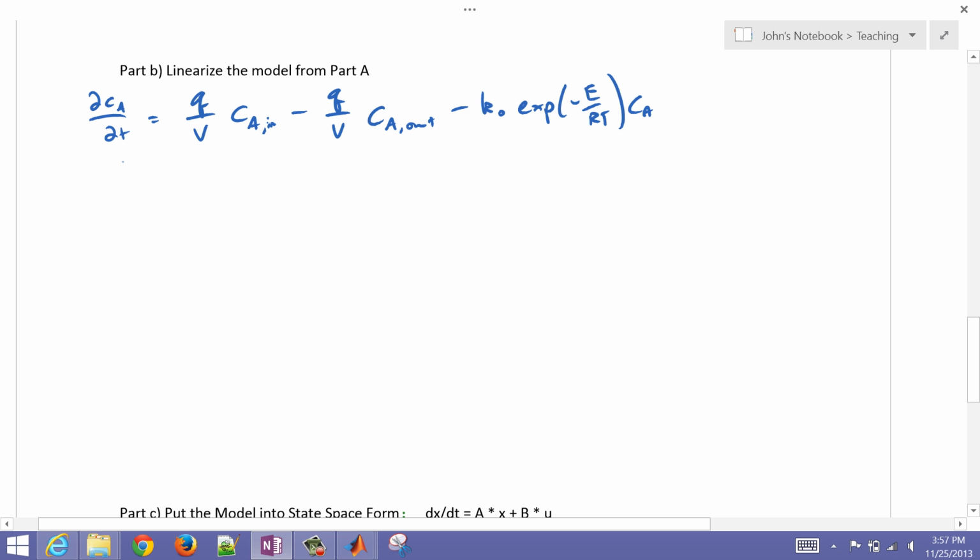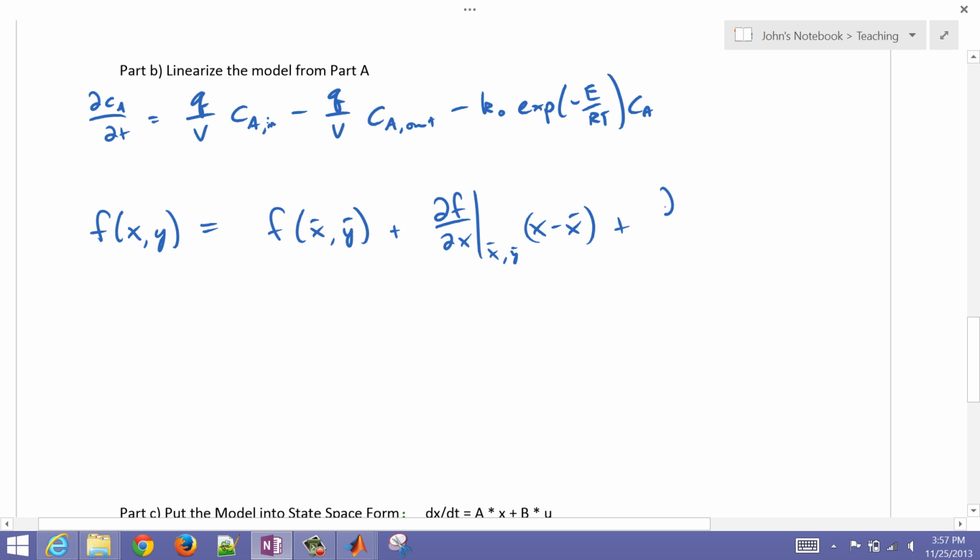Let me go ahead and linearize it. When I'm linearizing any function, let's say it's of x and y, it's just the nominal values, in this case steady state values, plus df dx at the nominal conditions, x minus x naught, plus df dy at the nominal conditions, y minus y nominal.